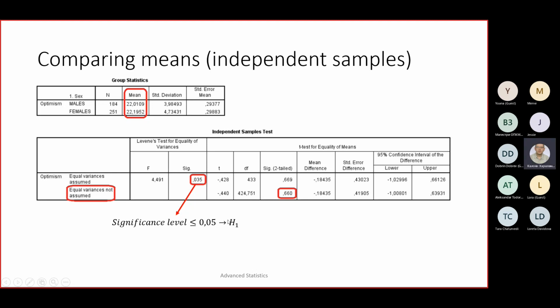Since the alternative hypothesis is true, that means that two variances are not equal. That means that we cannot assume equal variances. The right row is here, equal variances not assumed.